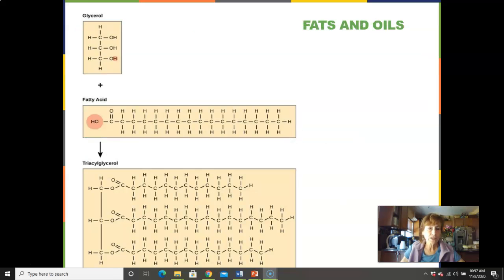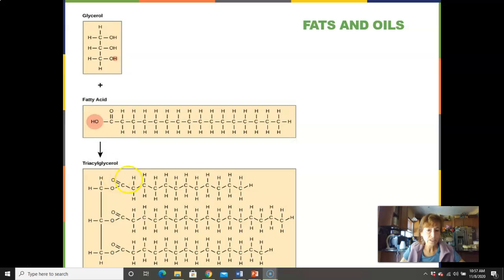So down below, this triacylglycerol is a combination of those 2 things above. So here is the glycerol, and here's the ester linkage. And between each of these sections, we've lost a water.